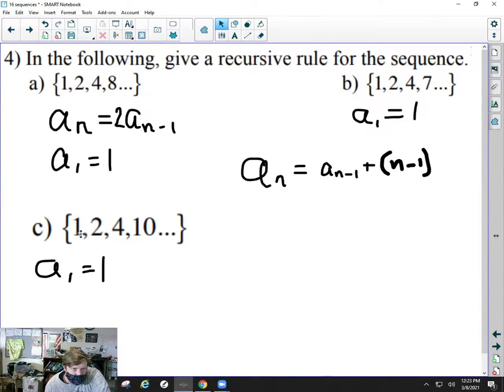So I wonder, is there a factorial hiding in this? 1 factorial, 2 factorial, no. Let's see. All right, well, I'll give these away in class. I thought recursive was going to be easier. In this case, it's harder for me.